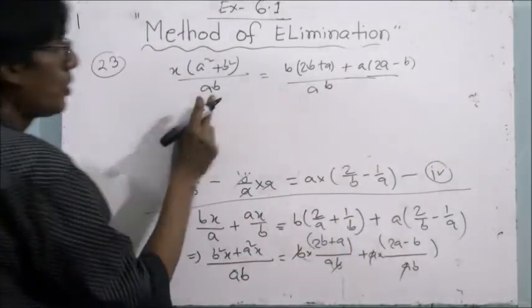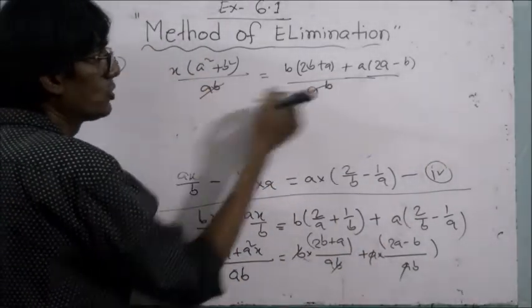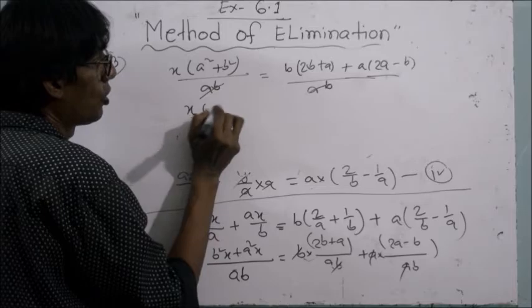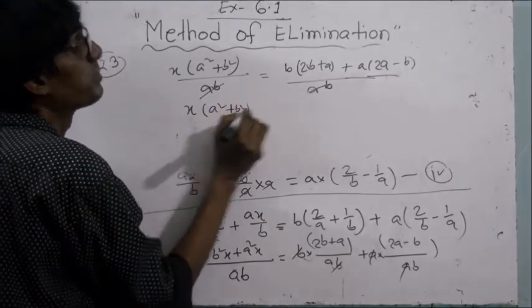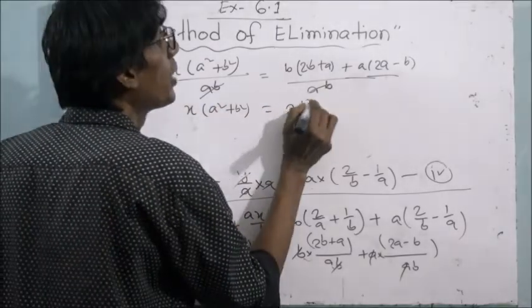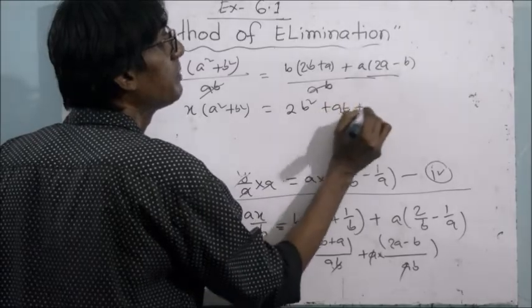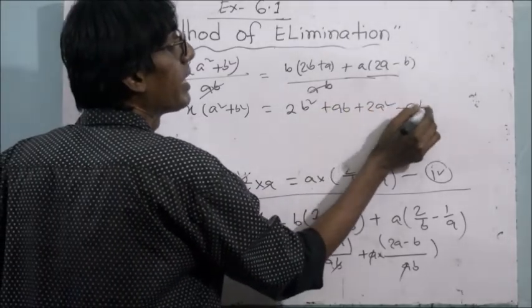Look here, all the denominators are equal, so ab is omitted, so x times (a square plus b square) is equal to 2b square plus ab plus 2a square minus ab.